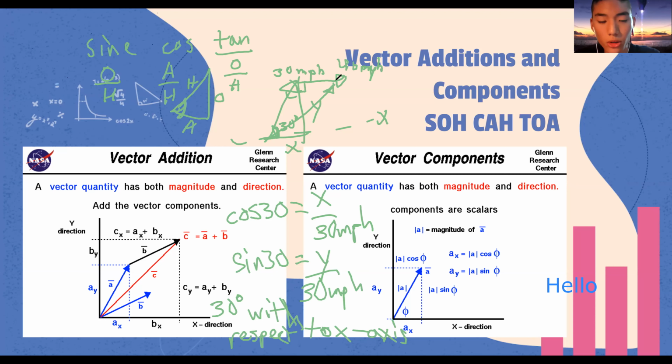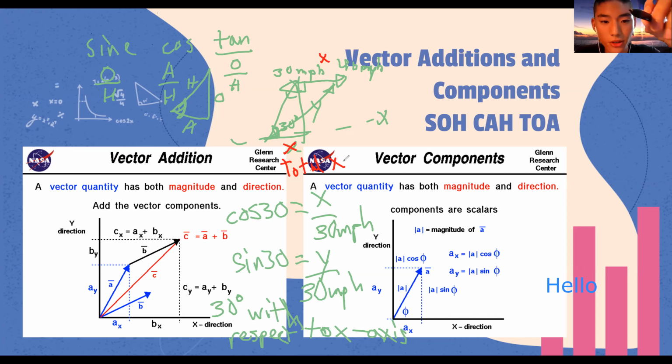Your velocity, what you would do is you would basically take, let me just draw in a different color. So you would basically take the x component of your first vector, which was 30 miles per hour at 30 degrees. Then you add that with the x component here for your 40 miles per hour. That would give you your total x component.